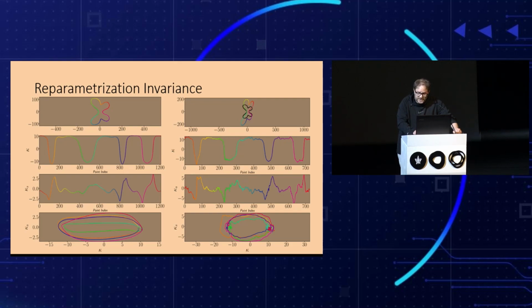So we removed 40% of the points non-uniformly, and we still see that the network could learn and plot the signature, which really resembles the signature of the curve on the left, which is the original one without downsampling. You can see that the colors, the peaks and the valleys, match the same colors both on left and right.